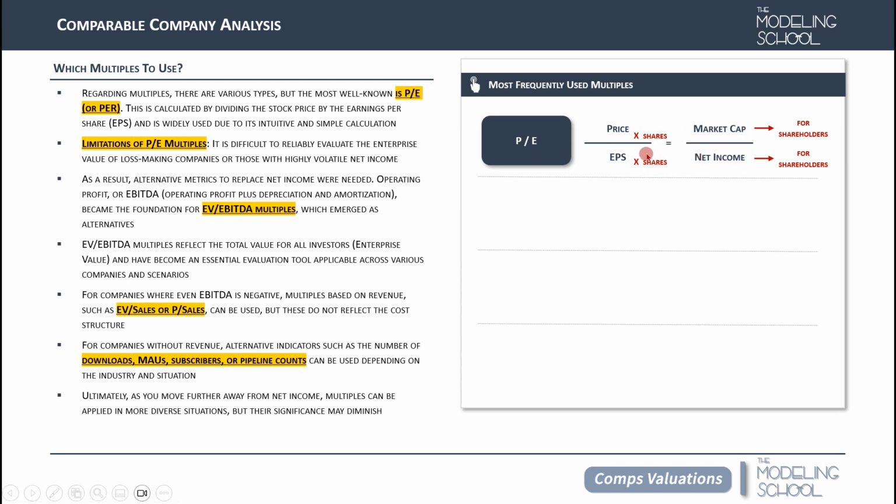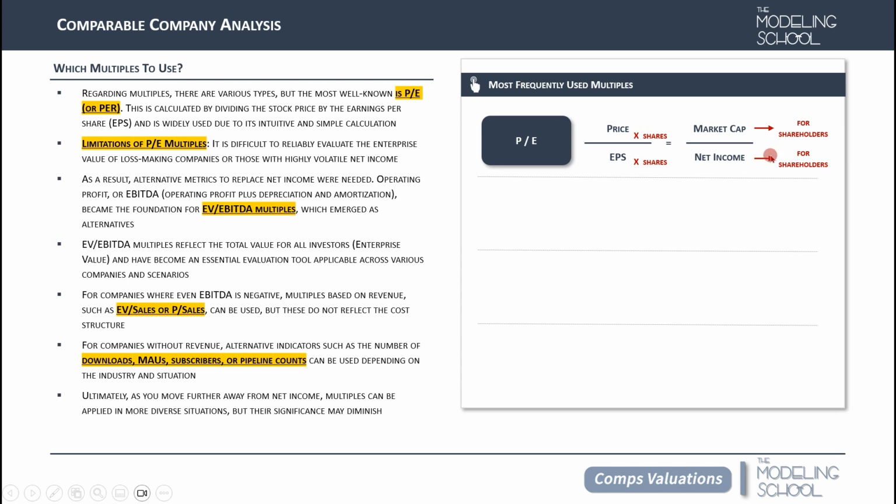Either way, it's the same, but usually, because the calculations are much simpler for this one, market cap divided by net income, because with EPS you have to calculate EPS just once more, so it's much more convenient to approach it this way.